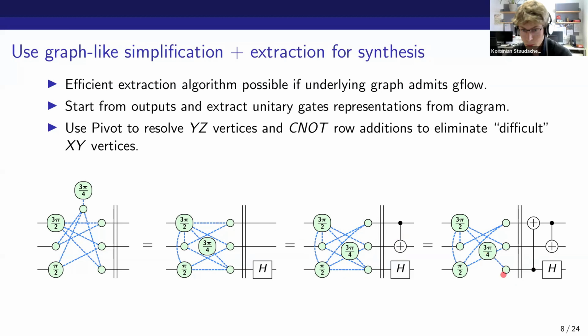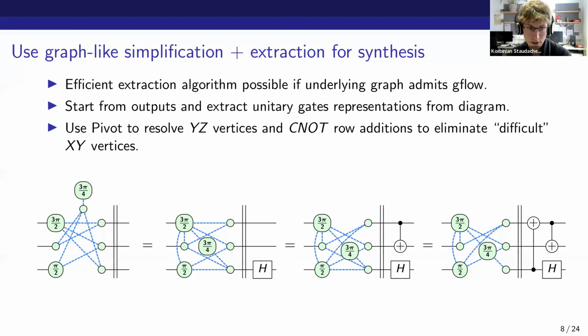And then we can proceed with the standard procedure, extracting this as a Hadamard gate, extracting this as a CPhase, and so on. So it is just important to notice that we can always extract a diagram using these steps.